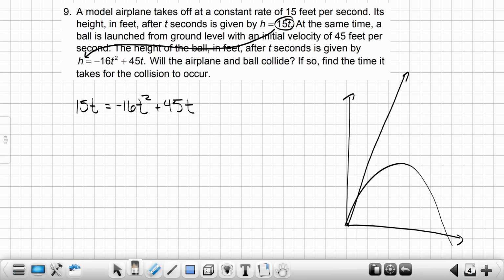But we actually don't even need to, and I'll show you how. You were correct, Sydney. Subtract 15t. Guys, factoring is our friend on this problem. It makes our lives easy. How can we factor the right side?